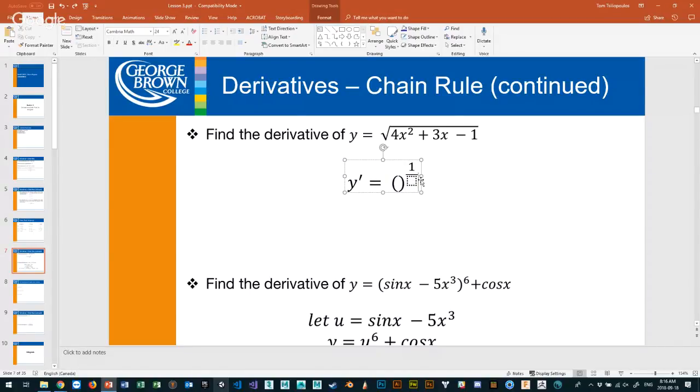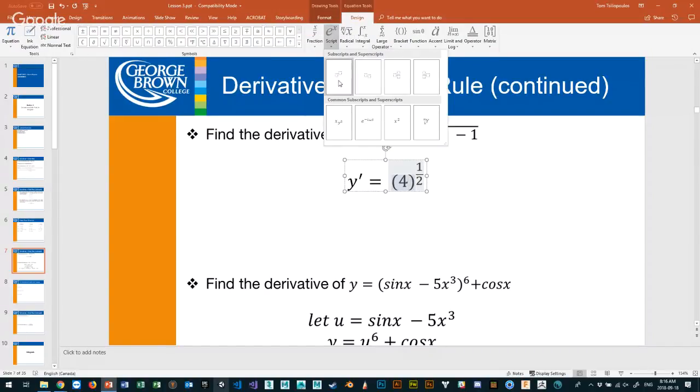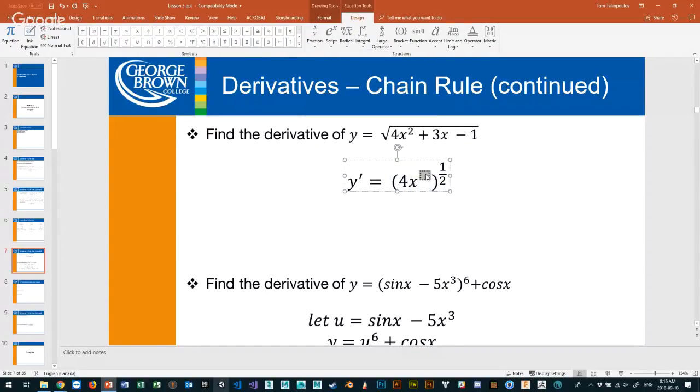That is frustrating, but we'll get over it. And so something to the power of 1/2. So I could rewrite this as 4x squared, and then again, bear with me because I want to make this as clear as I can, plus 3x minus 1. Okay, so that's where it starts off.